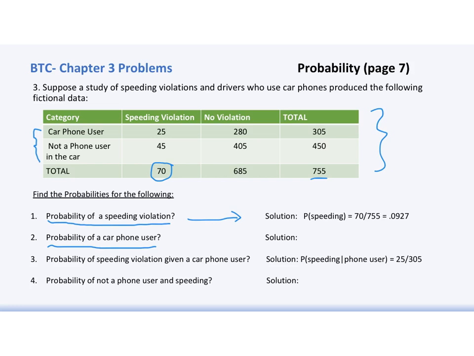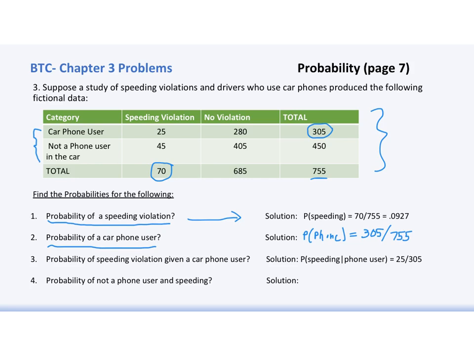If we want to know how many use a car phone, we just go to the column where the total is 305. So the solution for phone is equal to 305 divided by the total, 755, right? That's how we would calculate it.